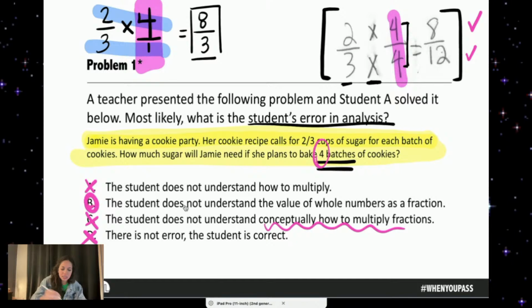The error is in understanding the value of whole numbers as a fraction. The student did not understand that the value of 4 is not the same as 4/4. The student did not understand how to convert that whole number into or as a fraction.